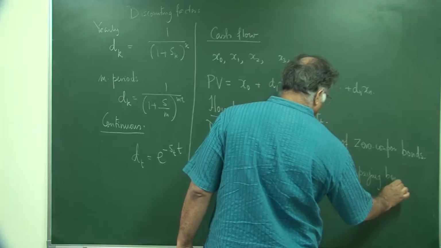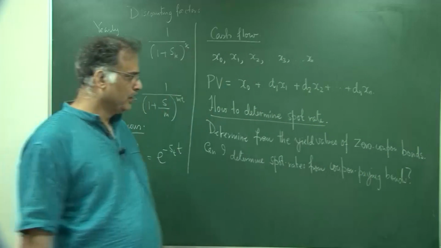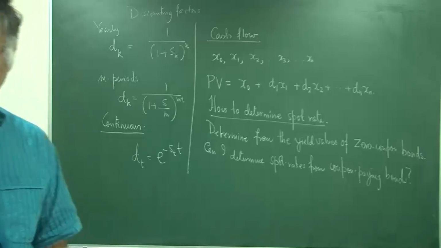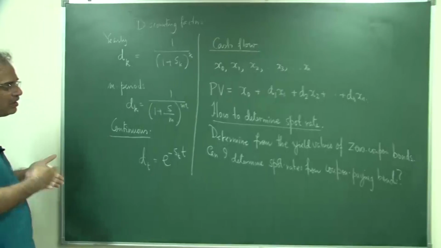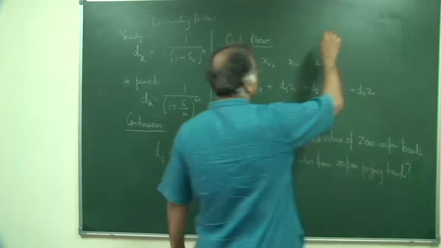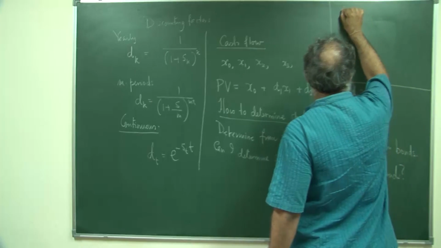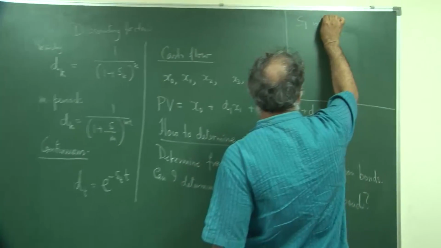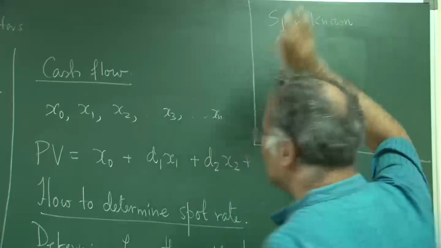So I am going to give a very simple situation. The idea is this: suppose I am looking at only yearly spot rates. Suppose S1 is known. So if you invest your money for 1 year, then S1 is known to you.